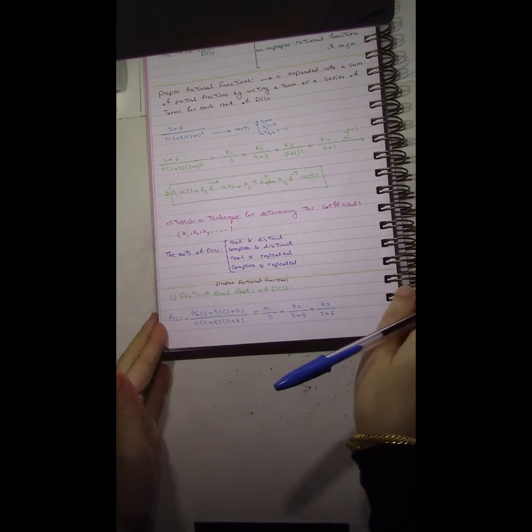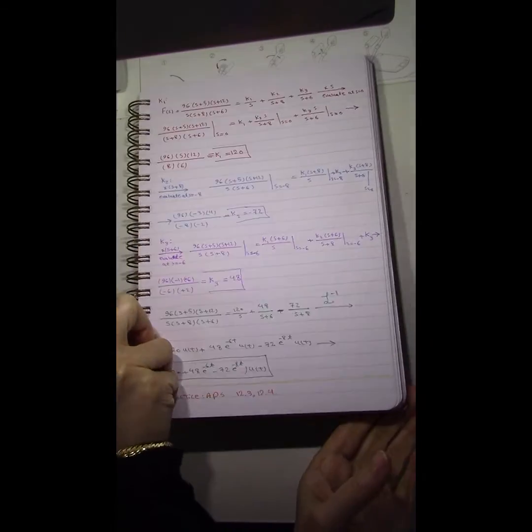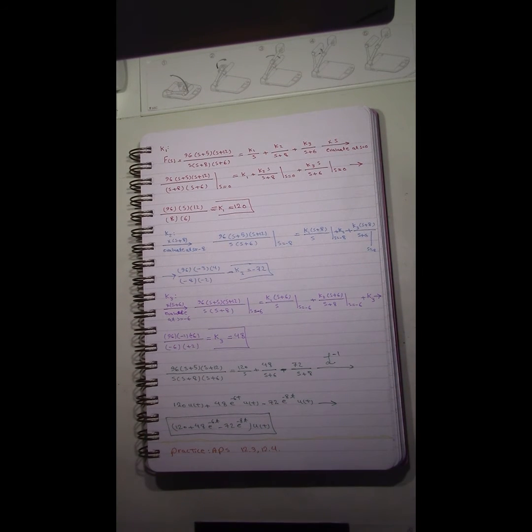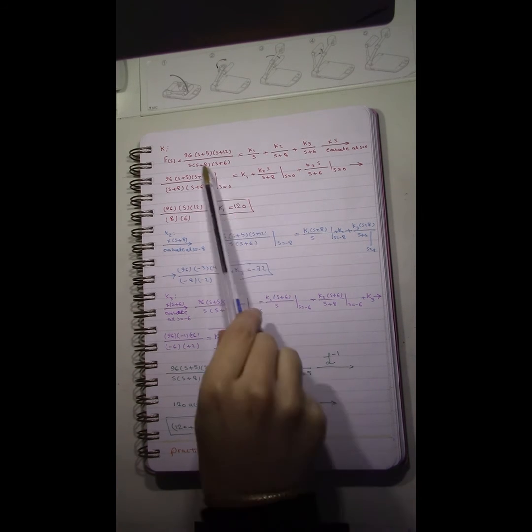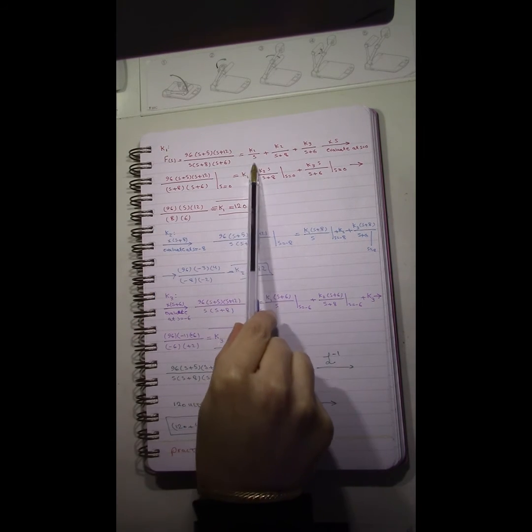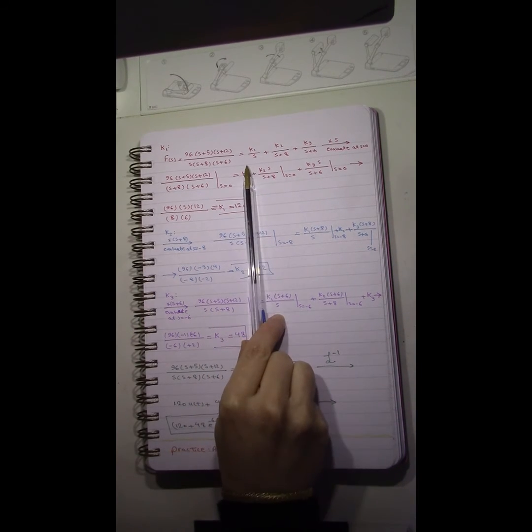So if we have functions like this, how do we solve it? First, we are going to find K1. This is our function. If you want to find K1, look at the denominator of K1. What is the denominator of K1?